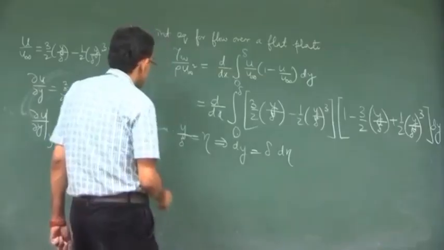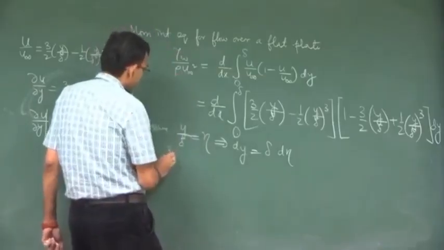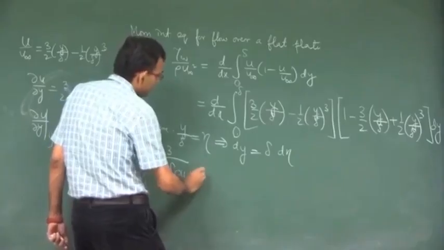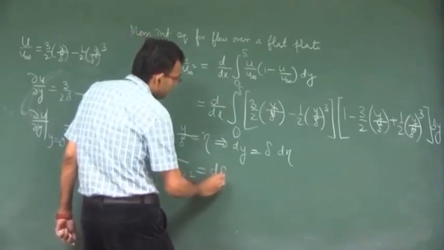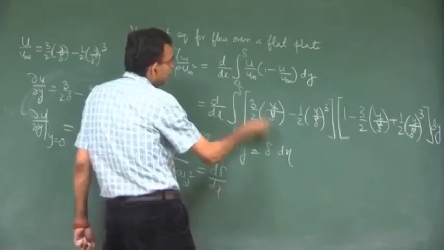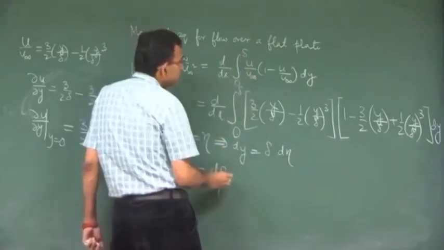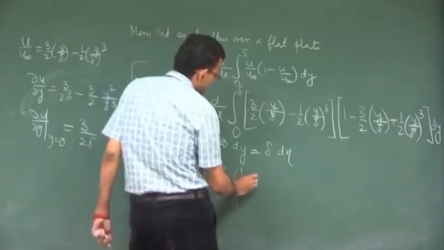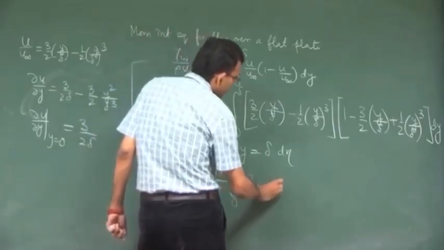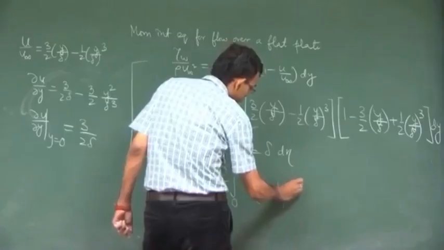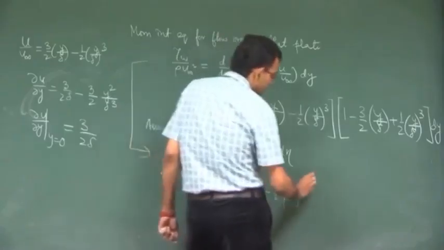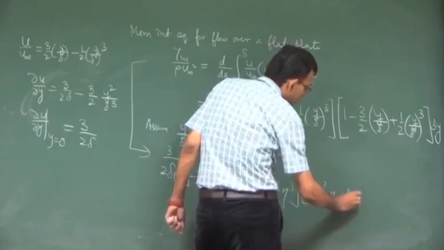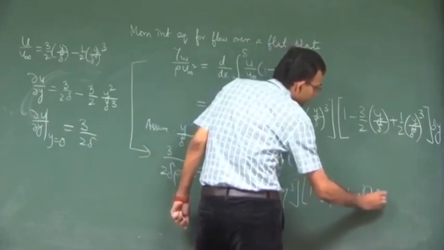So, this becomes 3 by 2 delta rho u infinity square is equal to d delta dx. This delta will come out of the integral, this will become the integral from 0 to 1 of 3 by 2 eta minus half eta cube into 1 minus 3 by 2 eta plus half eta cube d eta.